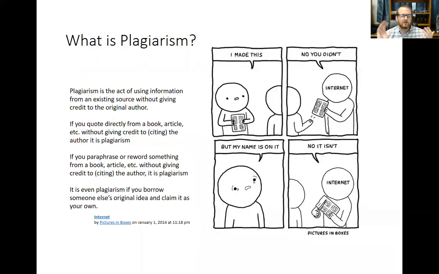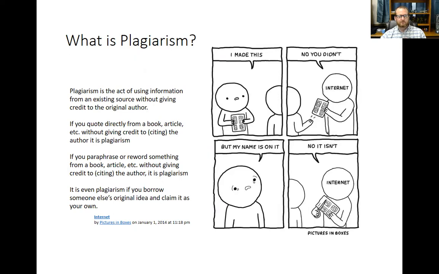All right, so first and foremost, we want to avoid plagiarism, right, for various reasons. First, we want to avoid plagiarism because, just like we said, it's not our information. We're using other people's information, and the authors and the publishers own that information. We don't own it. So we need to give credit to that source and not pretend that it's ours, right?